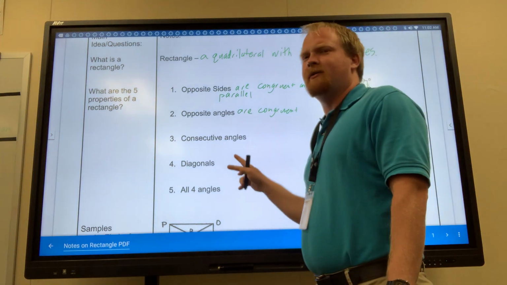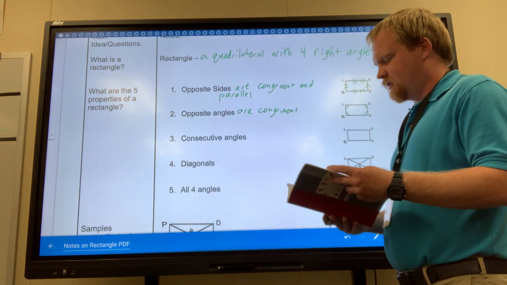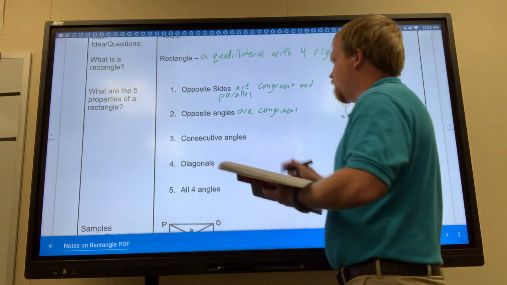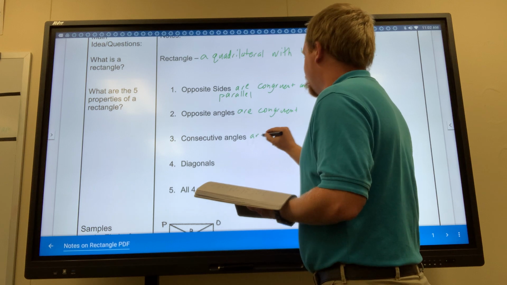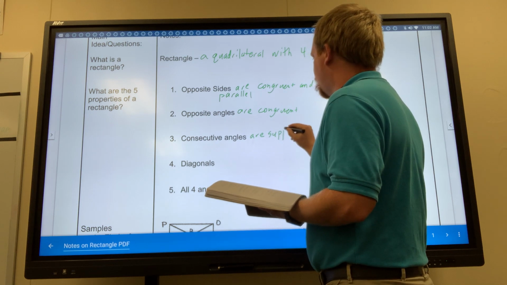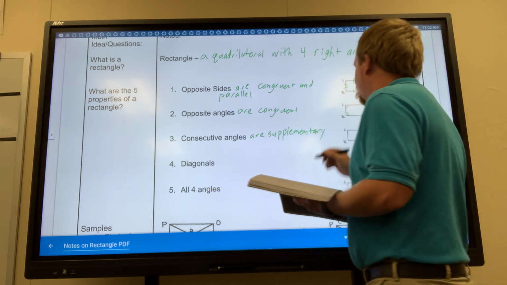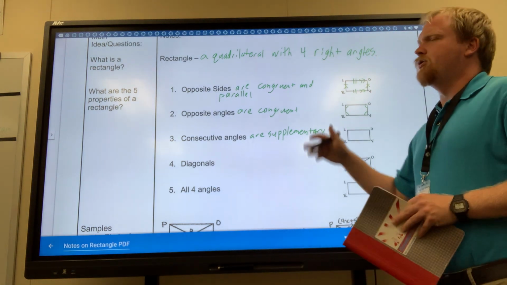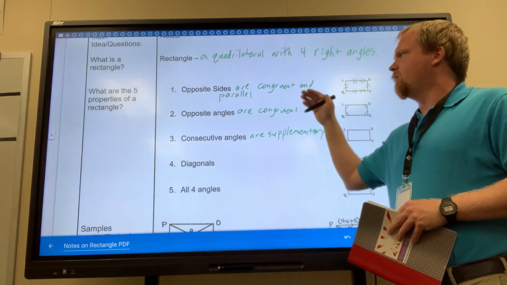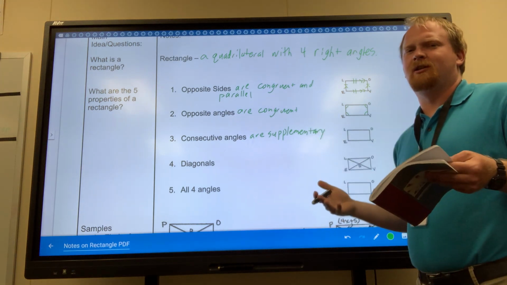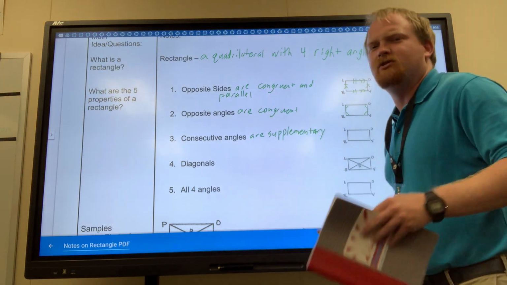Now, consecutive angles is a little bit different. Consecutive angles are supplementary. It's kind of interesting how with rectangles so far, the properties are kind of the same as parallelograms, which is basically true.